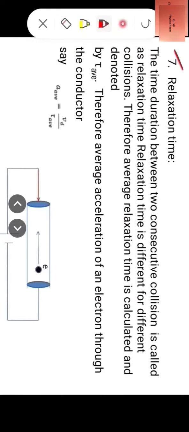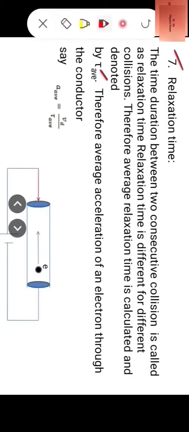Next we have to understand the relaxation time. What is relaxation time? Let us try to understand it. The time duration between two consecutive collisions is called the relaxation time. Relaxation time is different for different collisions. Therefore, average relaxation time is calculated and denoted by tau average.